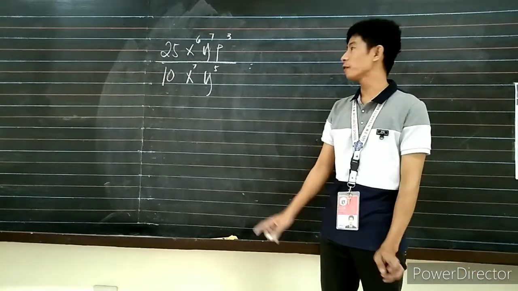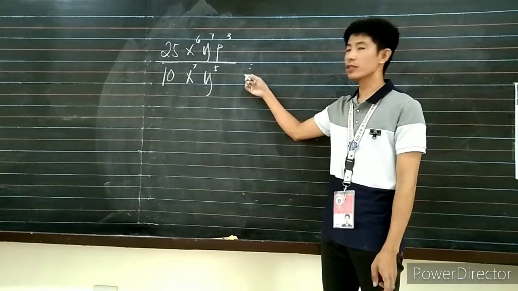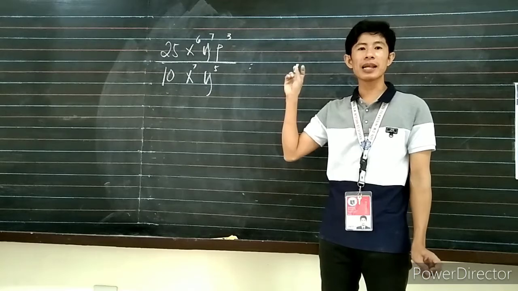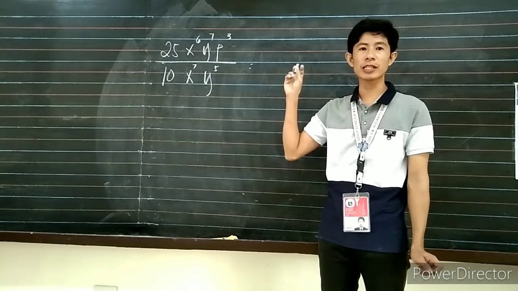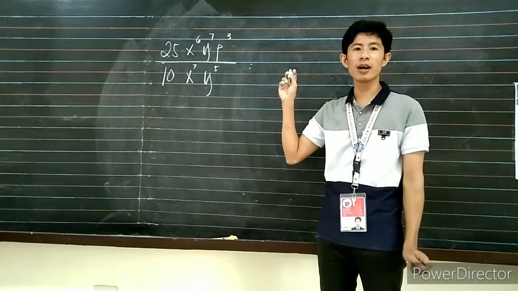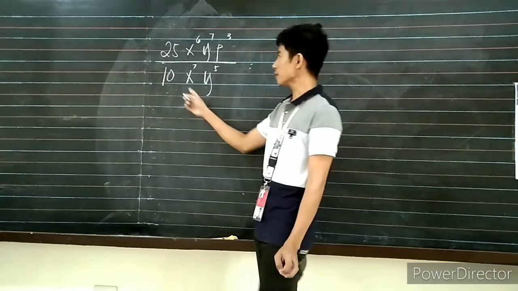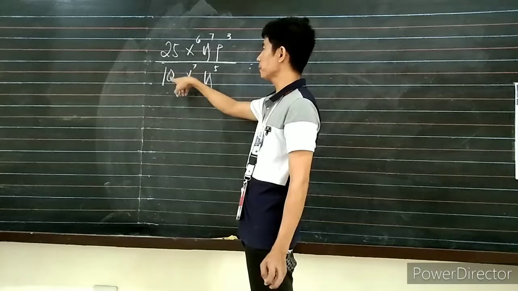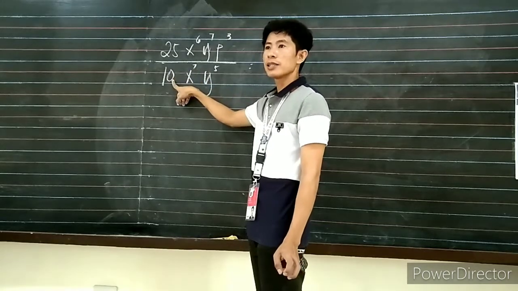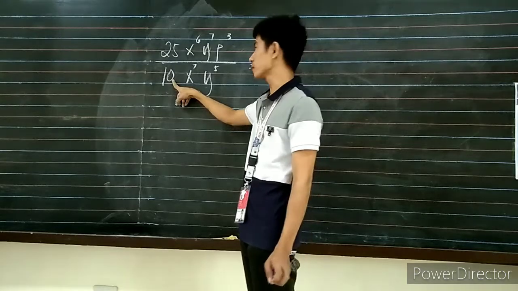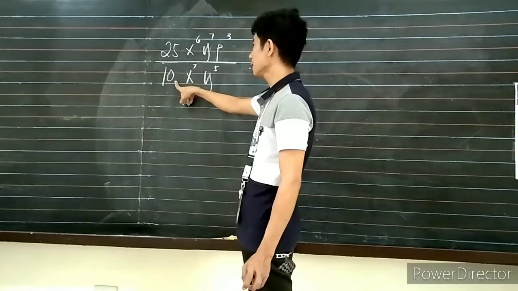Another method of simplifying this rational algebraic expression is by applying the laws of exponents that you have learned in grade 7. The first thing to do is to simplify the numerical coefficients of the terms, which are 25 and 10.